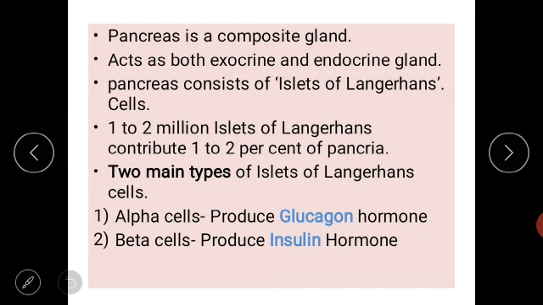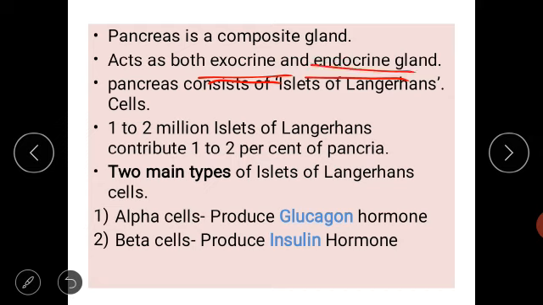Yes, so now for this point we are interested in studying which cells of the pancreas produce the hormones. As I said, pancreas is a composite gland, acting as both exocrine as well as endocrine.